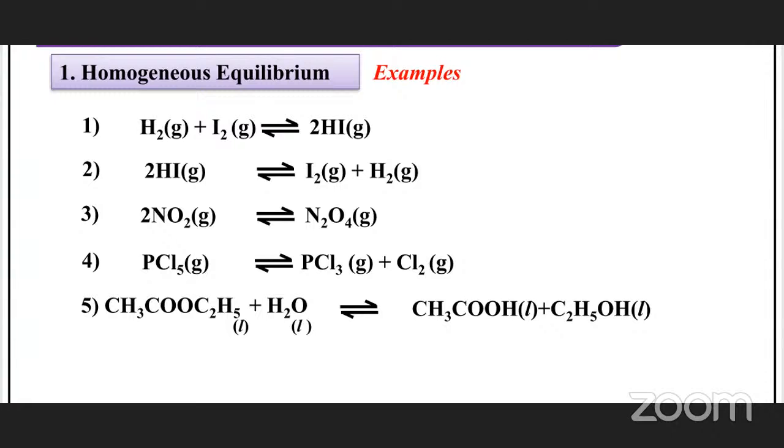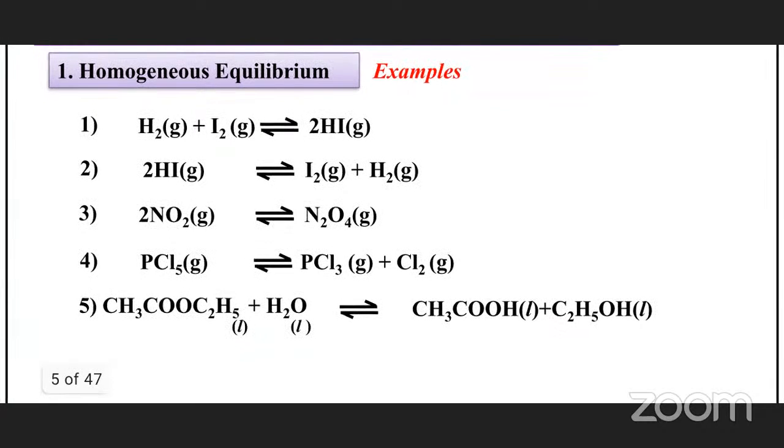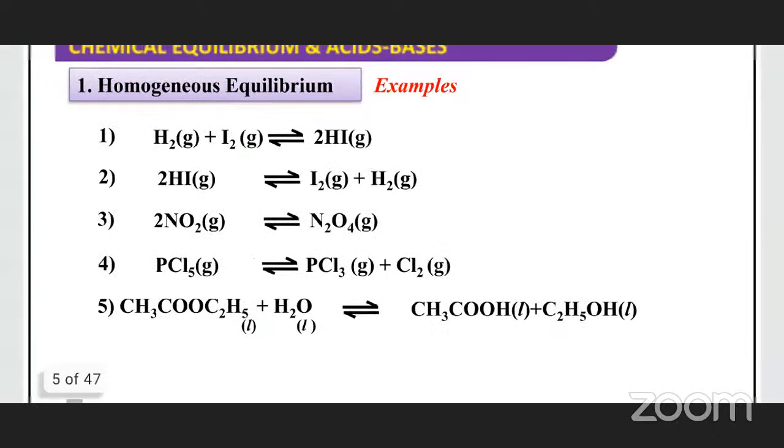Next example, PCl5 gives rise to PCl3 plus Cl2. Here reactant and product are in the same physical state. Ethyl acetate CH3COOC2H5 plus H2O gives rise to CH3COOH, acetic acid, plus ethyl alcohol C2H5OH. Here too reactant and product are in the same physical state.